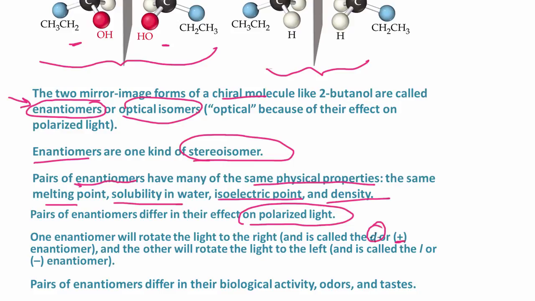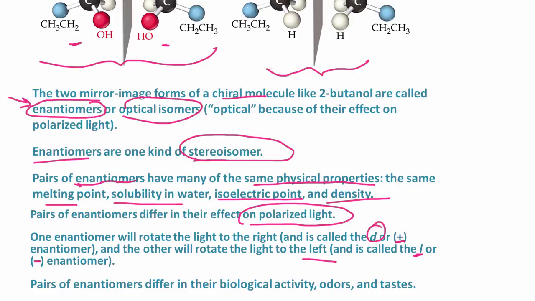This is dextrorotatory, and we'll talk about that later. And the other enantiomer will rotate the light to the left, and this is called the L, or we have this minus symbol in parentheses. So that'd be the L or levorotatory enantiomer.